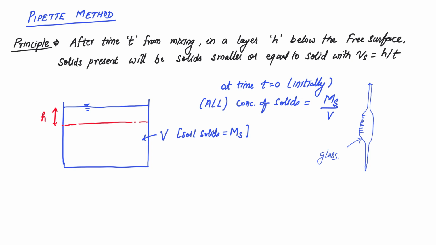What I do is add this pipette in the water and suck the solution sample from this particular layer, so the solution is collected in the pipette. Then I take the solution that I have collected and dry it. I also observe the total volume of solution that I collected.